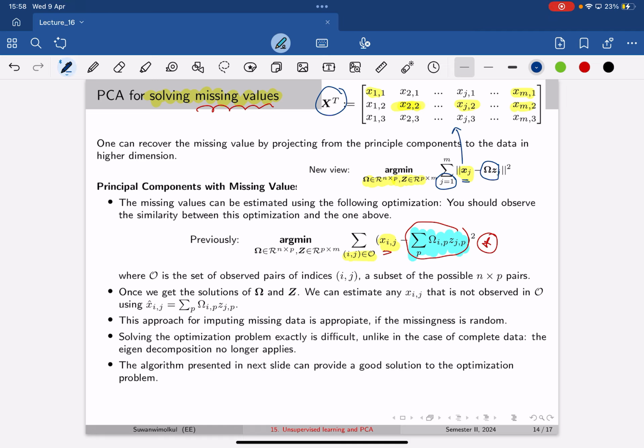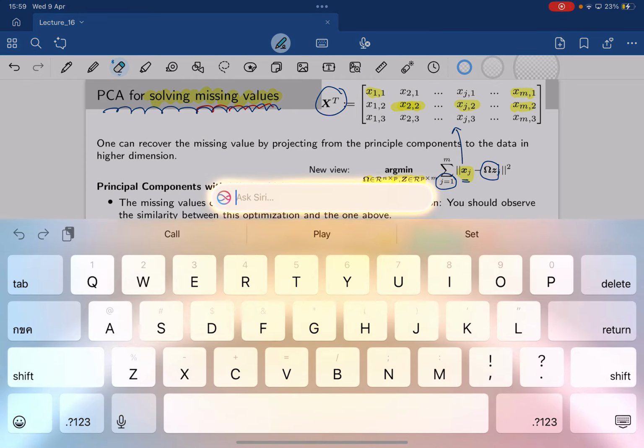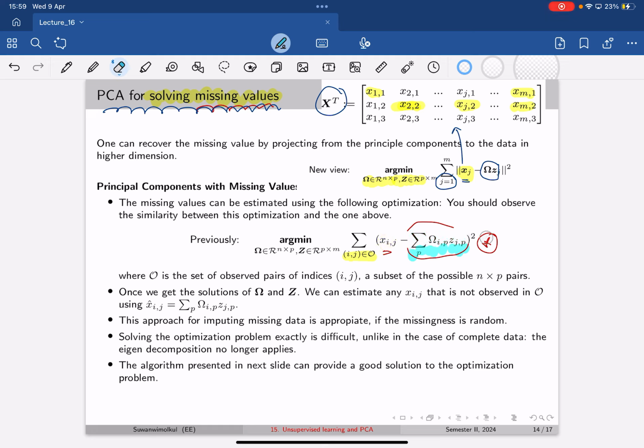That was the original idea of using PCA for solving for missing values.